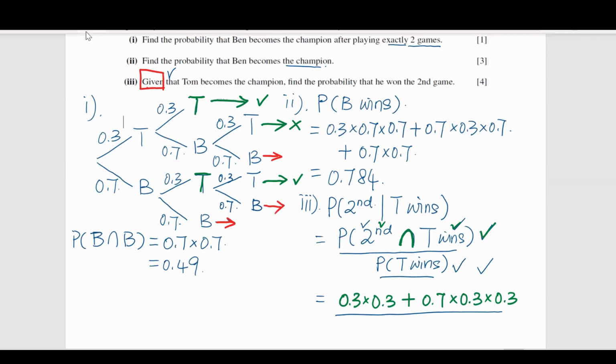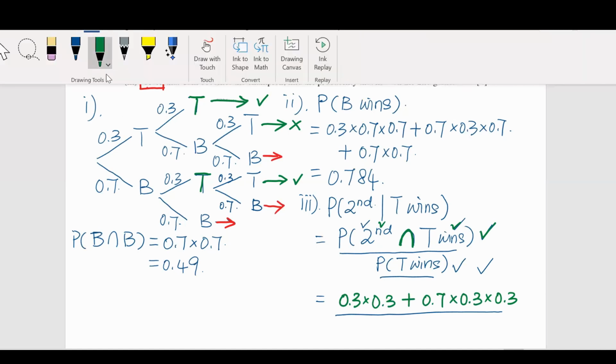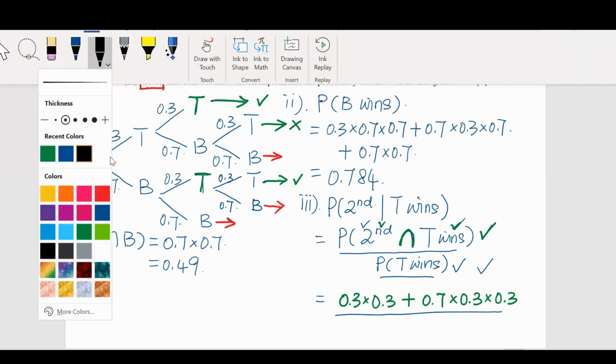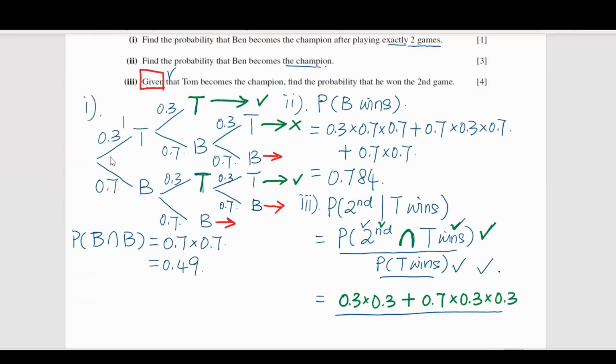Okay, now we move on to the probability for the denominator. For the denominator, we are trying to find the probability that Tom wins. Basically, they are the outcomes that I have already considered here. Now I label them in black color.